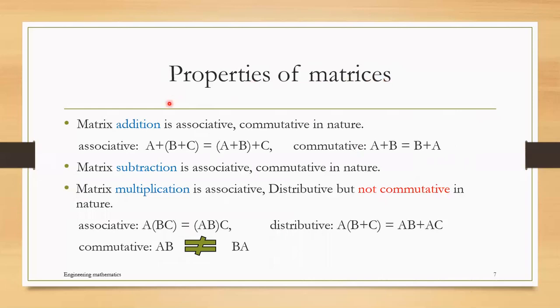Properties of matrices. Matrix addition is associative and commutative in nature. What does associative mean?